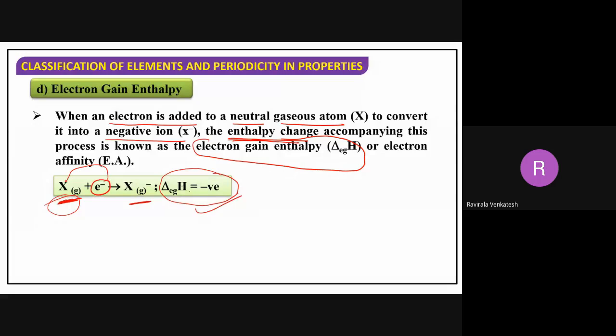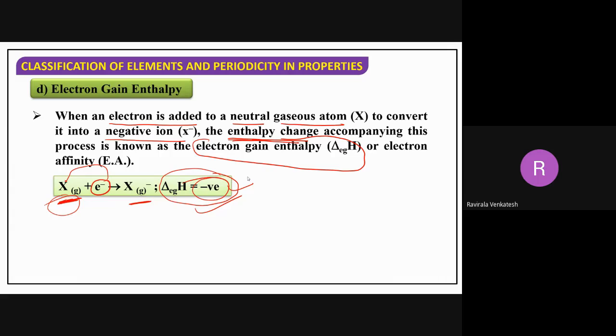In most cases, when you remove an electron, energy is required, so delta H is positive, endothermic. But when you add an electron, delta H will be negative, an exothermic process, and heat will be liberated. But not in all cases, only most cases.